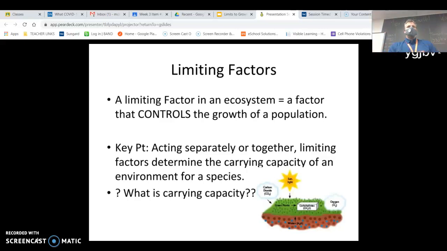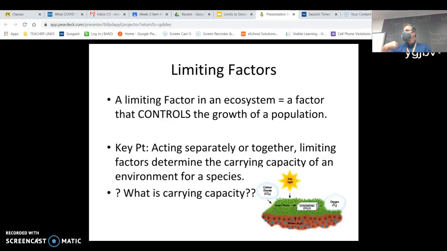So you can probably very easily come up with some ideas as to what every organism needs to be successful in its environment. Starts with an F, ends in an ood. Food, right? So all organisms need food. So if you don't have a lot, that is a limiting factor to the population growth. There's another one, starts with a W, ends in an otter. Water, yeah, you guys are so good. So sure.